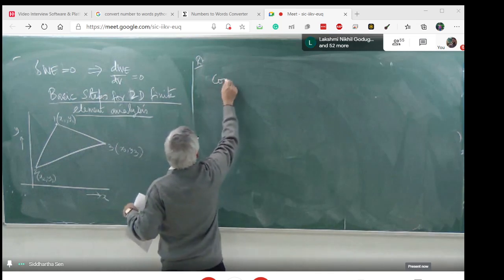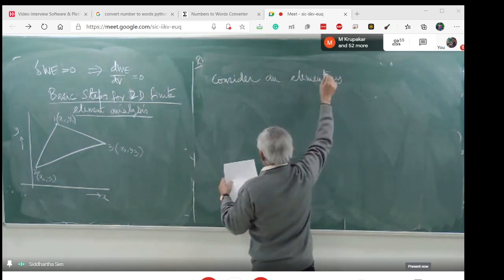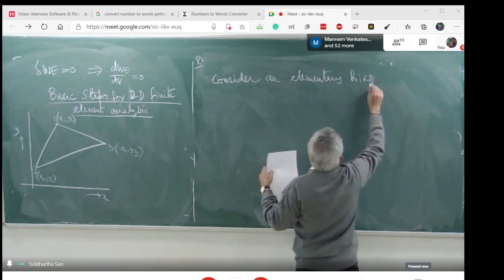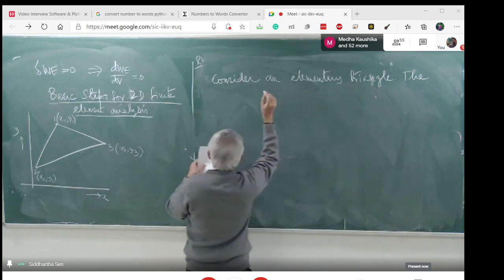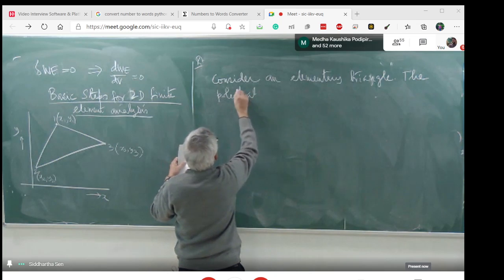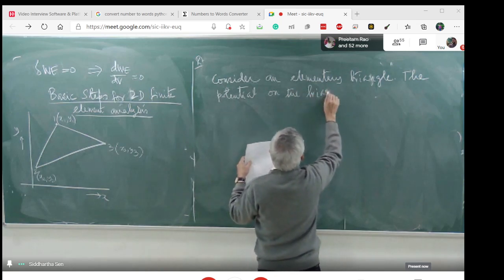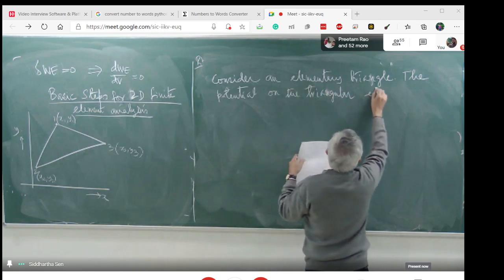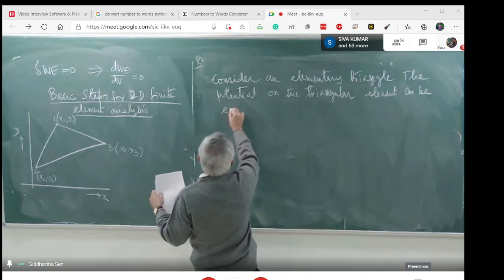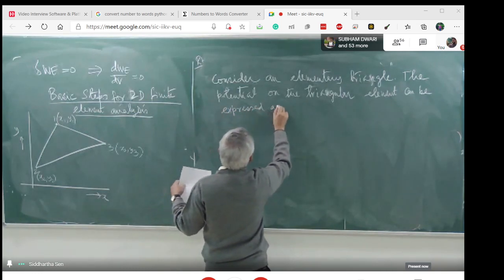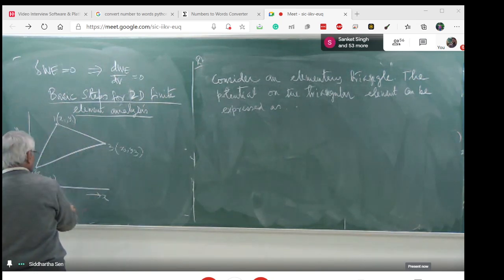So consider an elementary triangle. The potential on the triangular element can be expressed as follows. These potentials are distributed and depend upon their x and y coordinates.